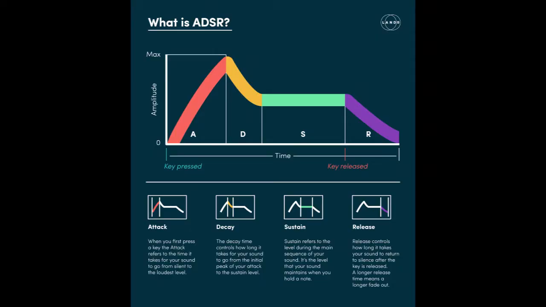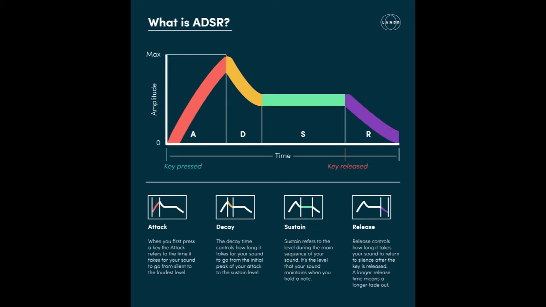Attack is the time taken from when you press down a note, the time it takes to go from zero sound to its maximum volume, decibels. And decay is the time it takes that note to go from maximum volume to stable constant volume.